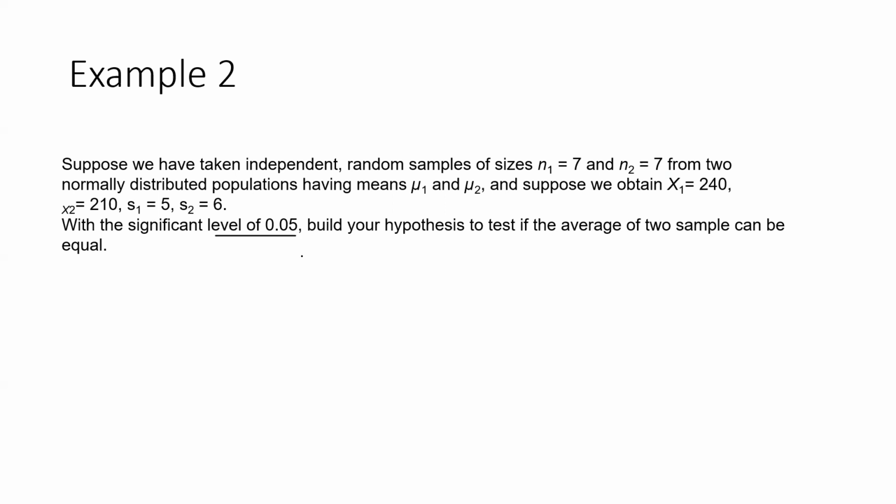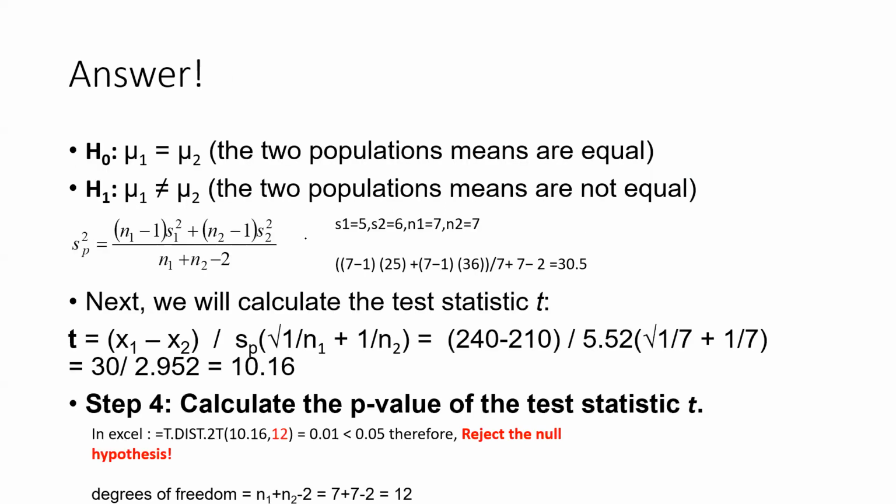So what I need to do is first build my hypothesis. The two populations are equal, and then the alternative says they are not equal. Calculate the pooled standard deviation by using this formula. So remember, this is my S squared. I need to take the square root of that, the square root of this number, it's 5.52, right?